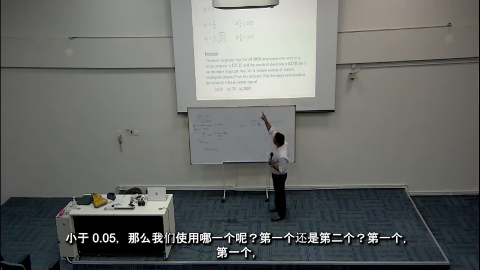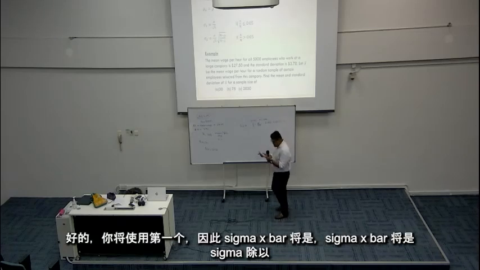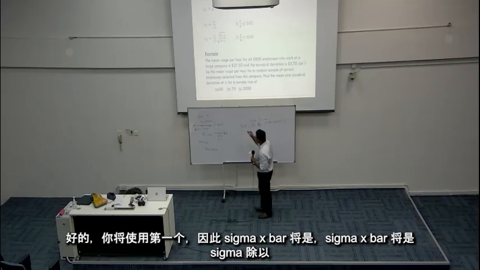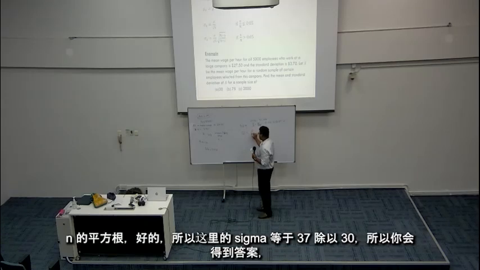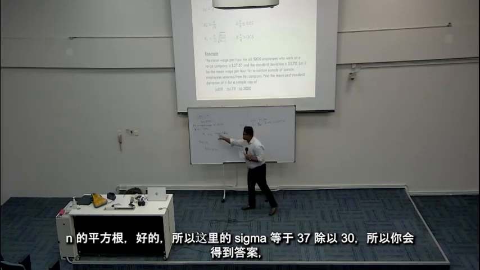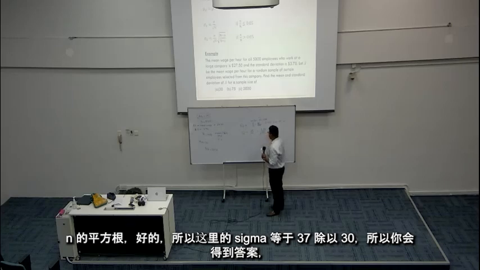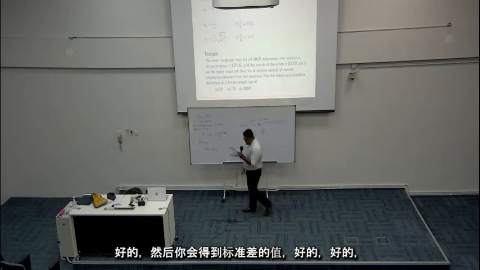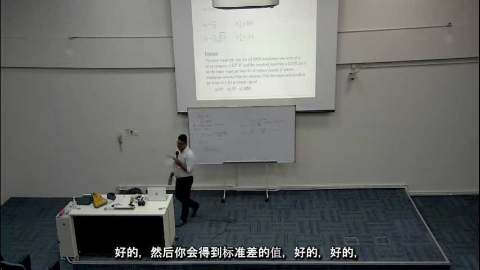So which one do we use? The first. So sigma x bar will be sigma divided by square root of n. The sigma here is 3.70 divided by square root of 30. So you will get the value of the standard deviation.